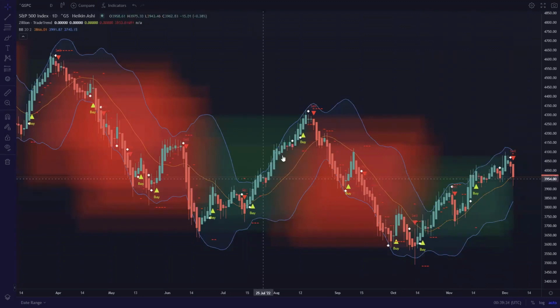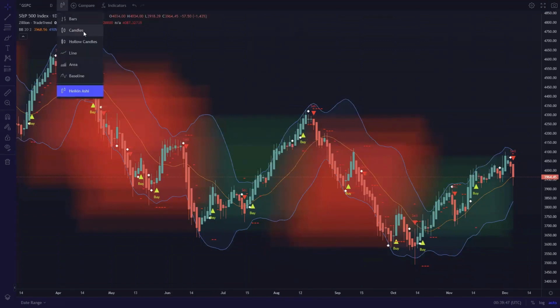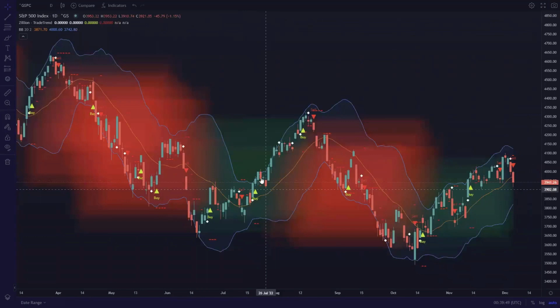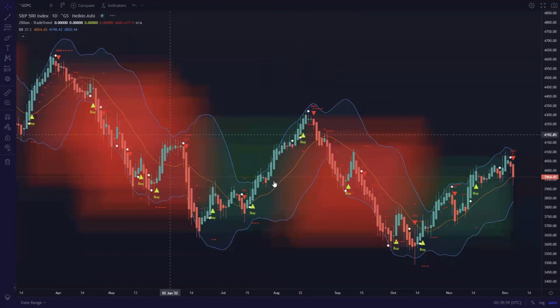If you look at all these green candles on this daily chart, it looks like almost every day, with the exception of a few, the S&P closed higher, but that's not the case. If we switch back over to regular candles, you'll see there were actually plenty of lower closes during this uptrend. So it's just smoothing things out, making it easier to read, but that can still be beneficial.